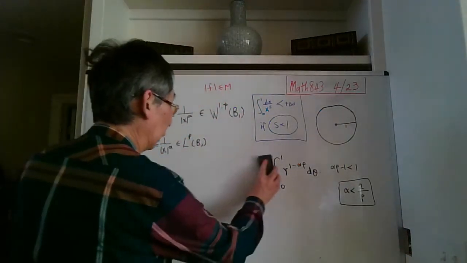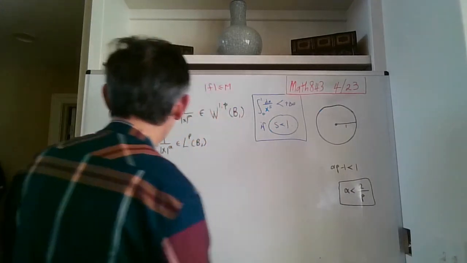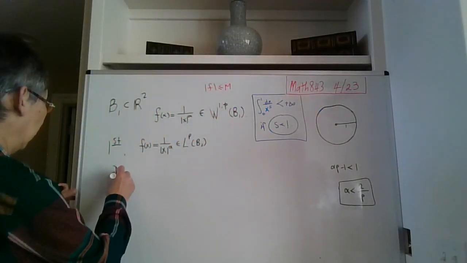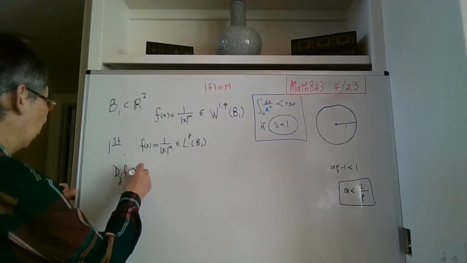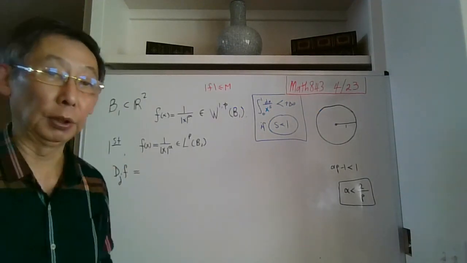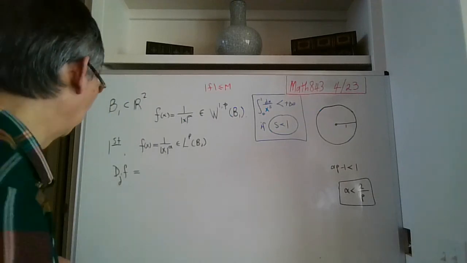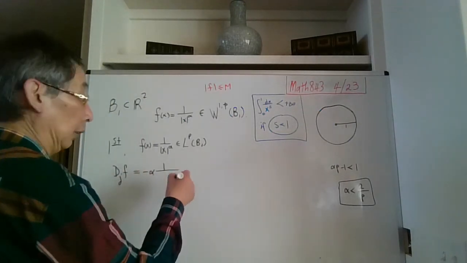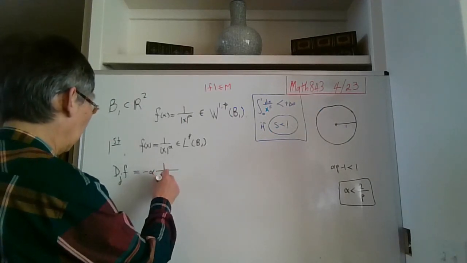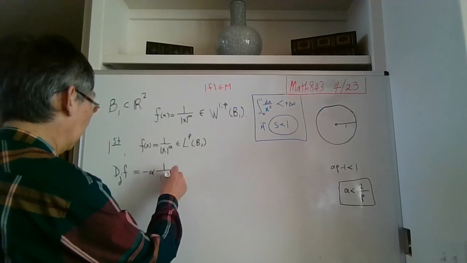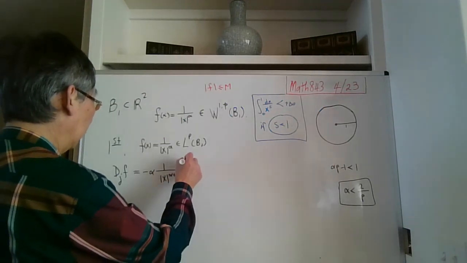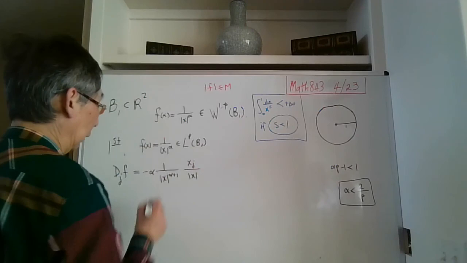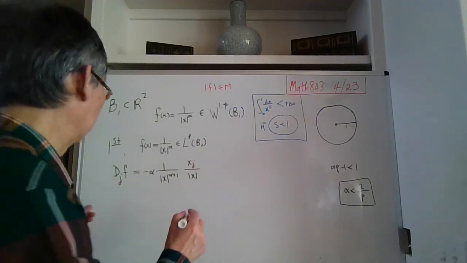So we do a similar computation. Let's look at the formal derivative. Let's say d_j f is obtained by differentiating in the x_j direction. This is minus alpha, times 1 over |x|^(alpha+1), times x_j divided by |x|. You can verify this computation by yourself.